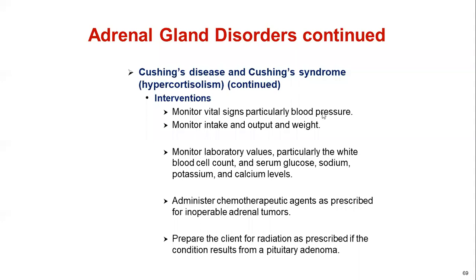Or serum glucose, sodium, potassium, and calcium. So I said in this Cushing syndrome patient, cortisol level goes up, glucose level goes up, sodium level goes up, but potassium level goes down, calcium level goes down.